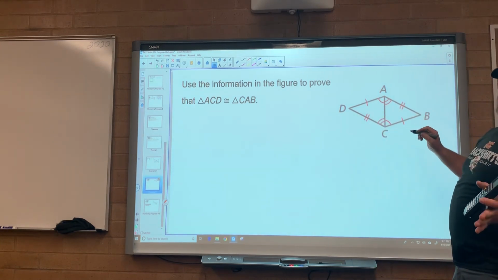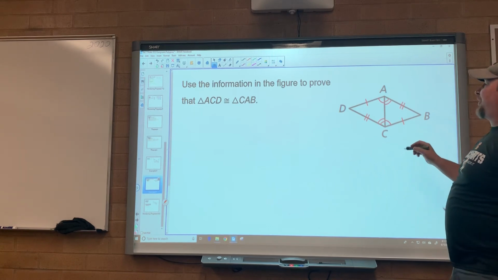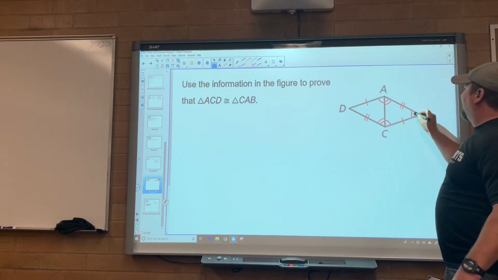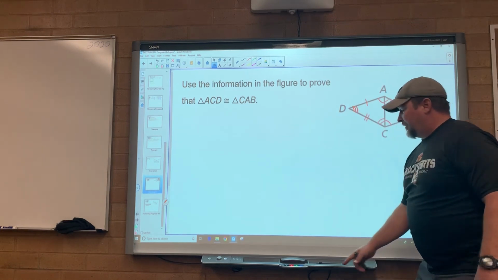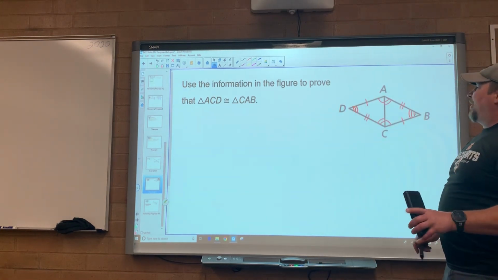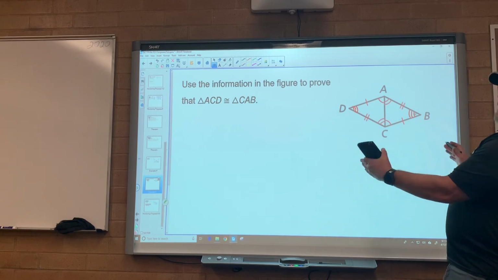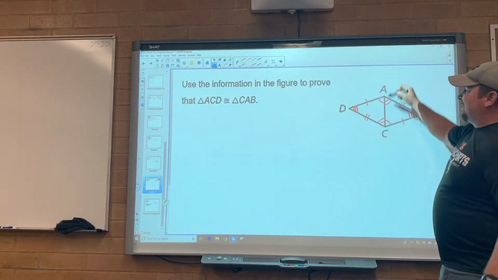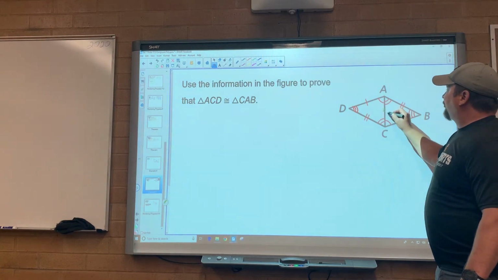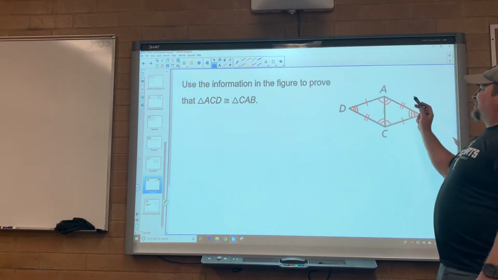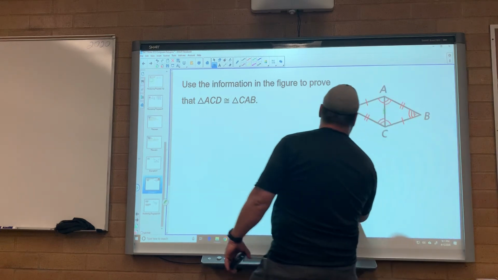Therefore, by the third angle theorem, this angle right here would match this angle right here. And now I'm going to pull it apart because AC is reflexive to AC. Therefore, that side would match the same side for the other triangle.